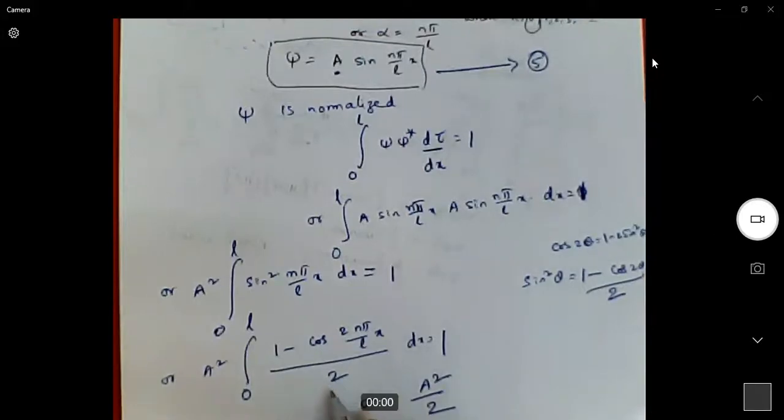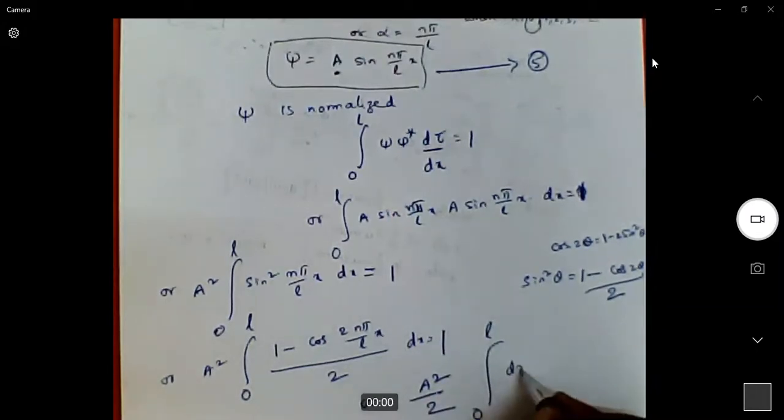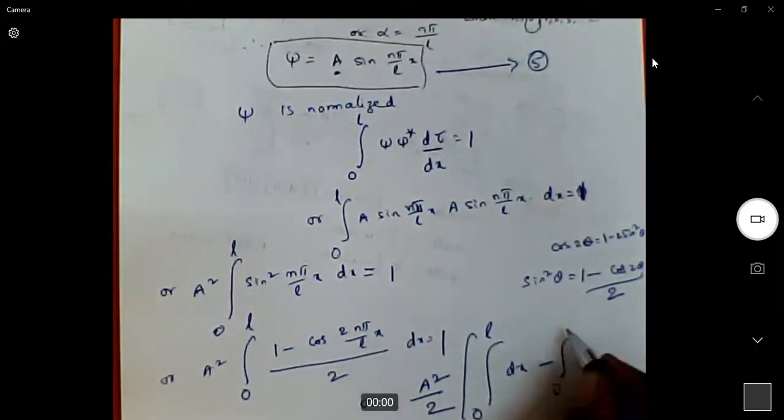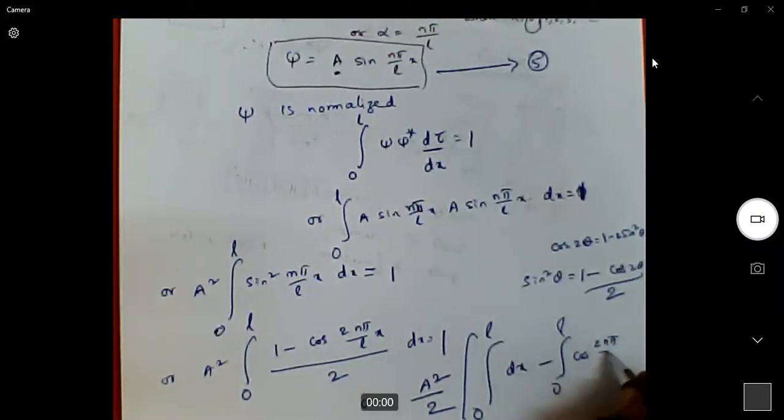Here the denominator 2 is again a constant, so we will make it outside: integral 0 to L dx minus integral 0 to L cos (2n pi by L) x dx is equal to 1.